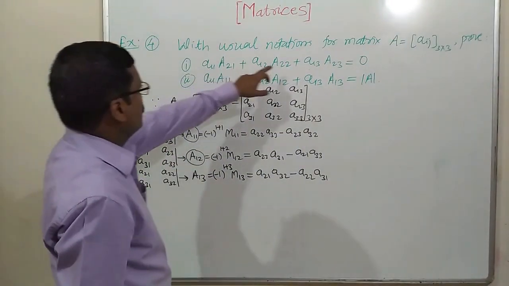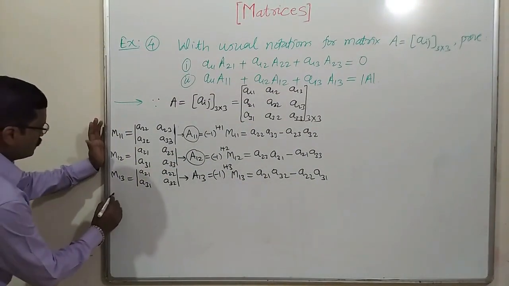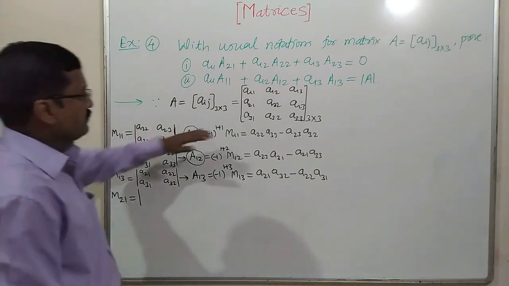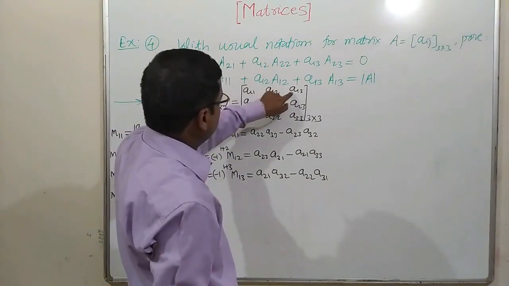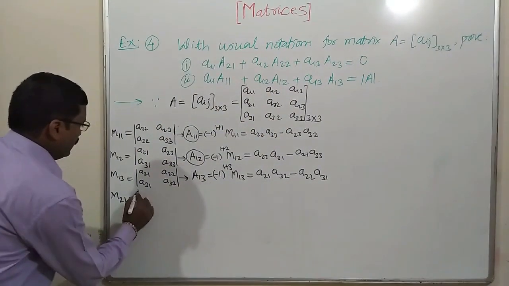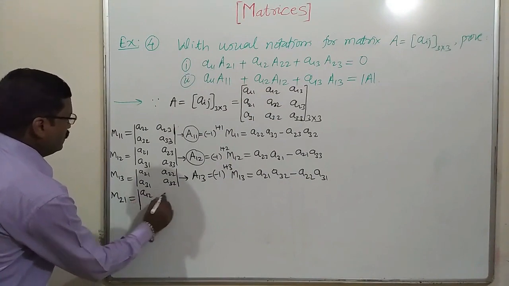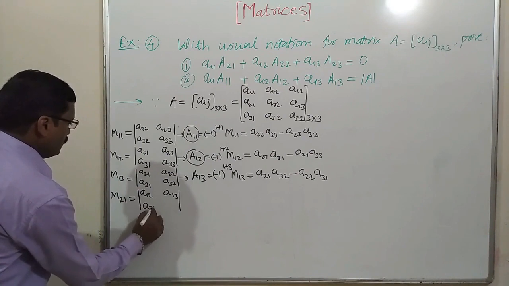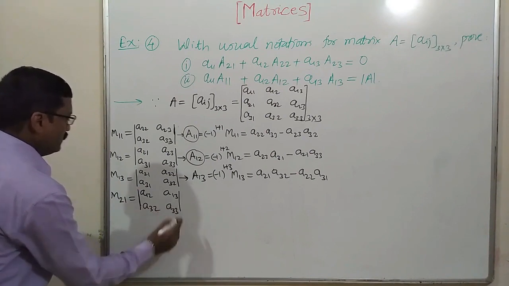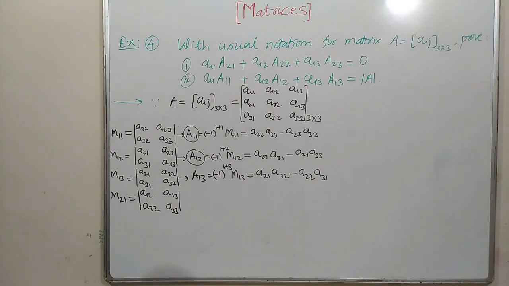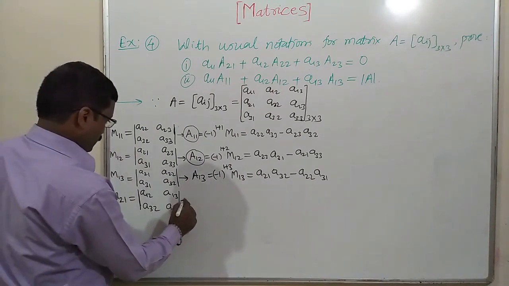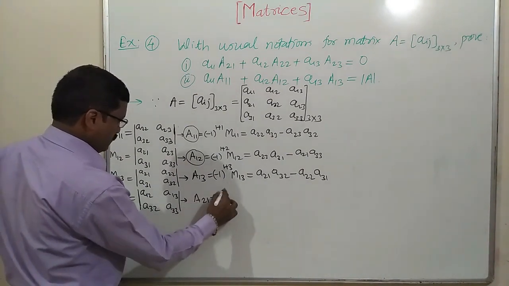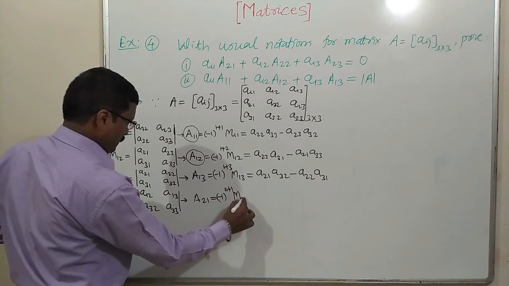Now we will find A21, A22 and A23. So M21 is second row, first column. Second row, first column. So remaining are these four elements, that is a12, a13, a32 and a33. Which implies A21 is equal to minus 1 raised to 2 plus 1 into M21.